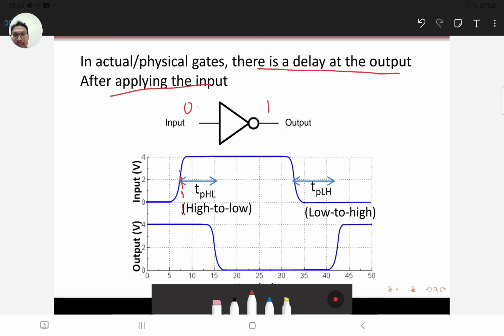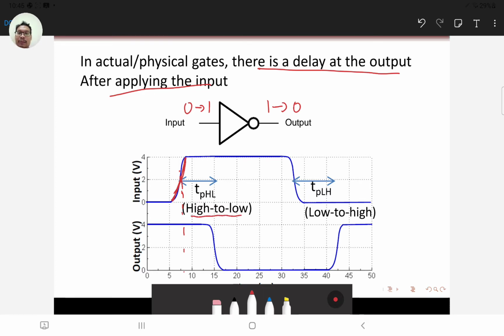It's going to rise up, and what is going to happen to the output as soon as I increase the voltage value on the input? As I increase the voltage value, I'm going to get a 0 on the output, and as you can see here, the output doesn't switch at the exact time that we switch on the input, but there is a certain delay called the TPHL, or the high to low propagation delay.